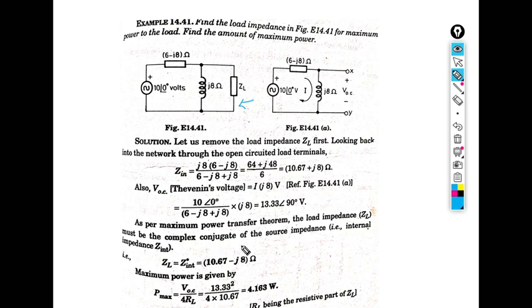If the load impedance is 10.67 minus J8 ohm, then the maximum power will be transferred. What will be the maximum power? That is VOC squared by 4RL, the same formula which we used in the DC network. RL is now 10.67. So this is 4.7163 watt, and we take the magnitude.